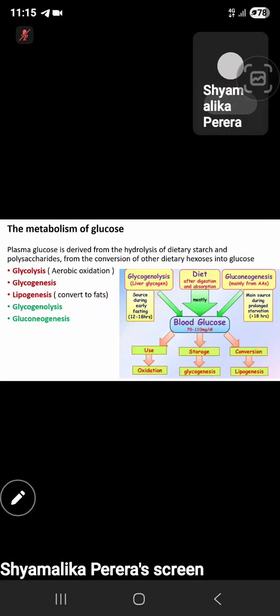The other use is storage. If your blood glucose is in excess, it will be stored as glycogen, a process called glycogenesis. And part of this excess glucose will be stored as lipids, a process called lipogenesis. So if you have additional glucose in your blood, it will end up as either glycogen or lipids.